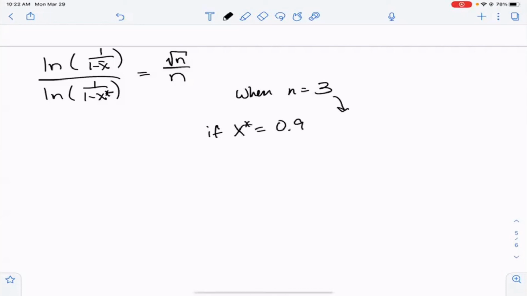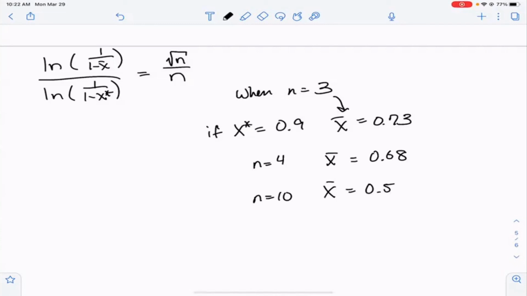Then when N is equal to 3, X bar is equal to 0.73. If N is 4, X is 0.68. If N is 10, X is 0.52.